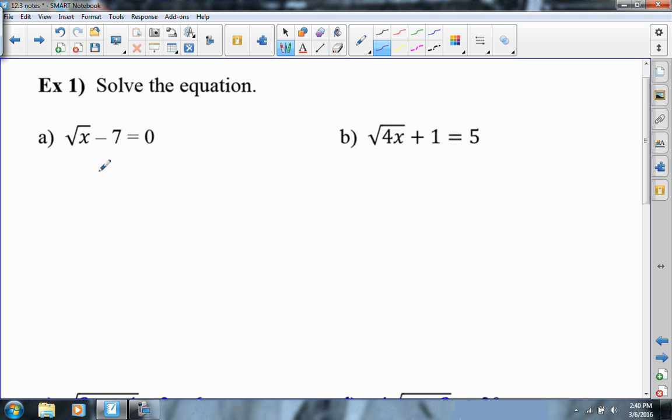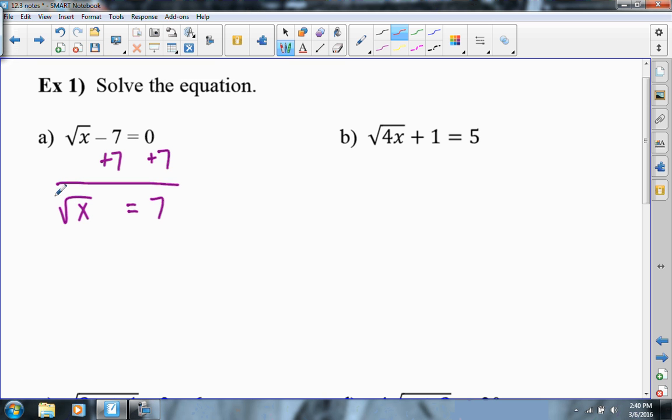Now part A, this is very similar to what we saw in chapter 9, where we just had the square root of x. So we want to, first step, isolate that radical. So I have to get the 7 over to the other side, so I have to add that over. So I'll have the square root of x equals 7 plus 0 is 7.